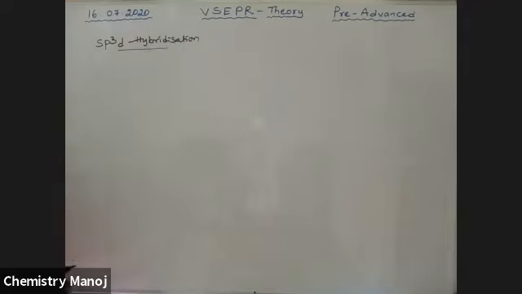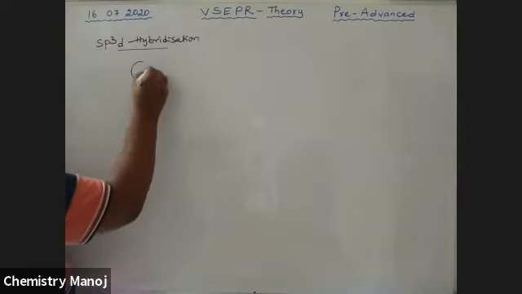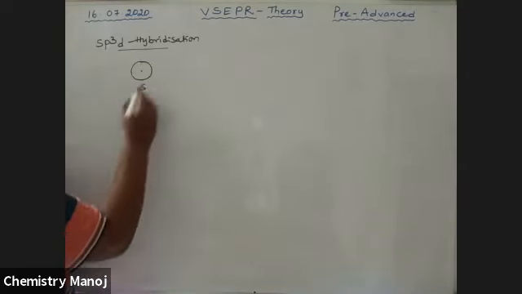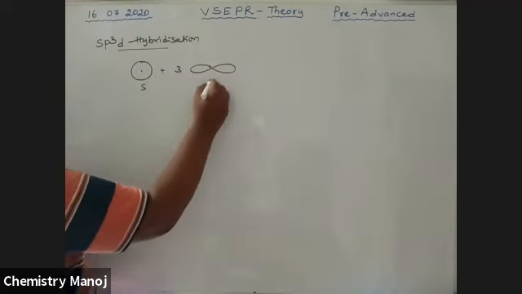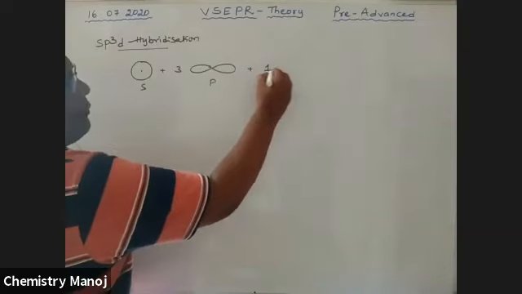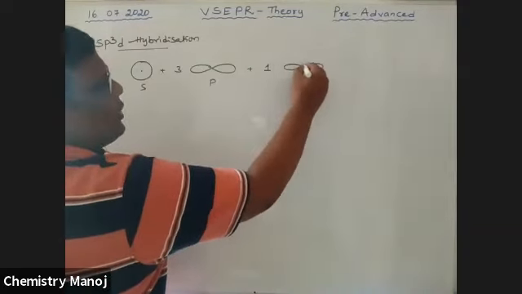sp3d hybridization. What is this sp3d hybridization? It is the intermixing of one s orbital, which has a spherical shape, three p orbitals, which have a dumbbell shape, and one d orbital, which has a double dumbbell shape.